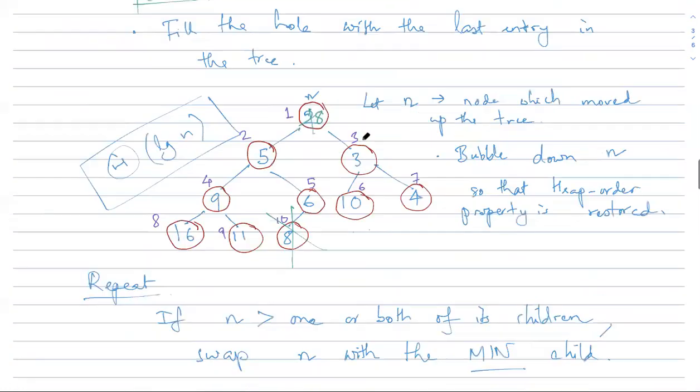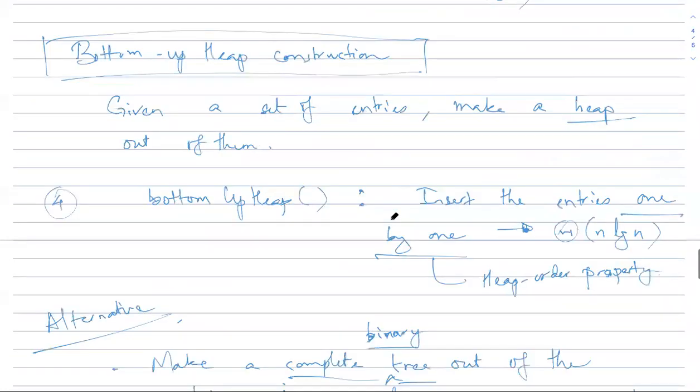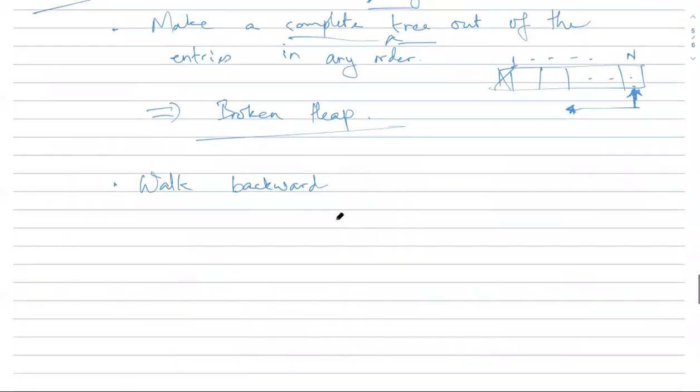And in terms of the tree, that would mean essentially walking backward through the array from the last internal node.